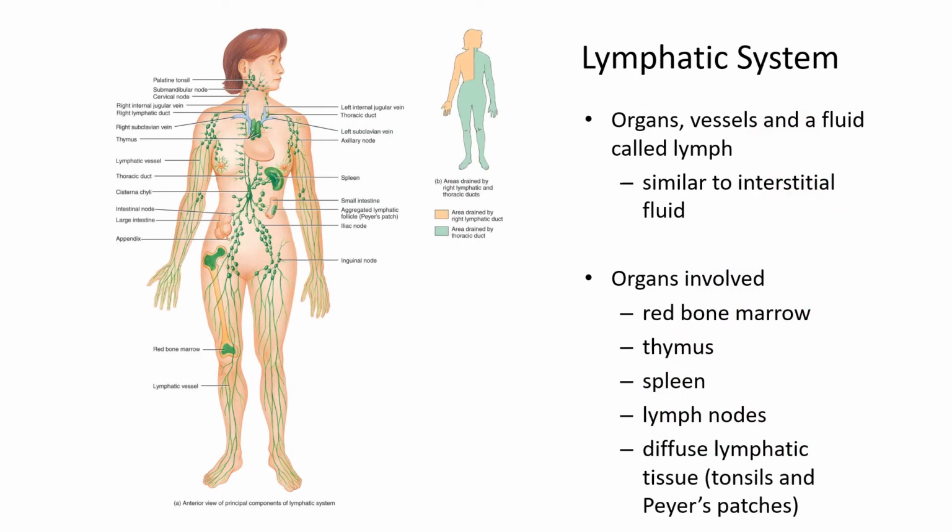A number of organs are part of this system, and these organs are also part of the immune system. The lymphatic system plays a role in immunity. We'll talk about that a little bit in this lecture, but we'll talk about that more in microbiology. Red bone marrow, the thymus, the spleen, lymph nodes, Peyer's patches, etc., they're all part of this extensive system.